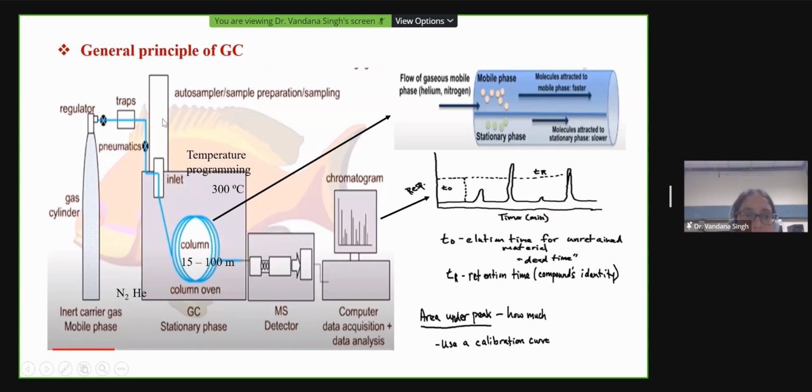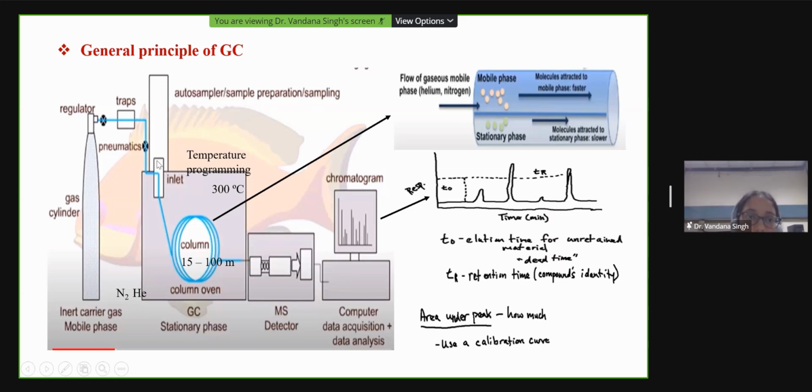In the case of a split injector, it is an injector where only part of the sample is loaded on the column, and the rest goes to the waste.